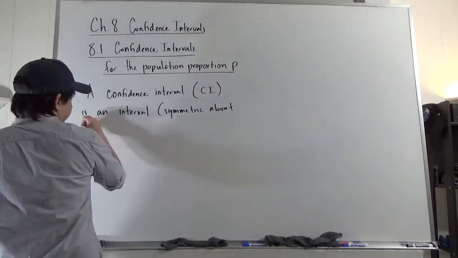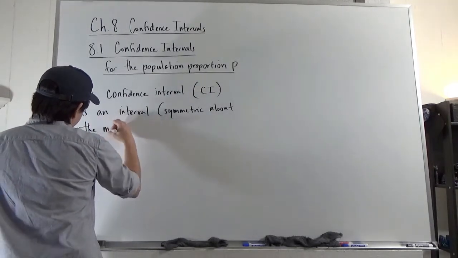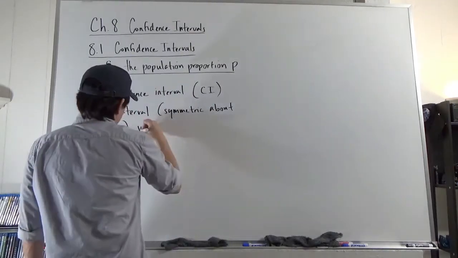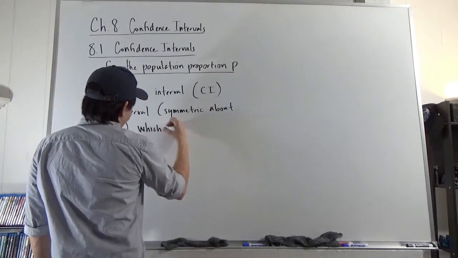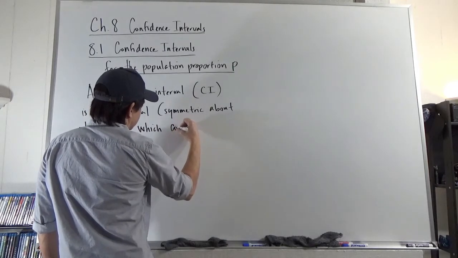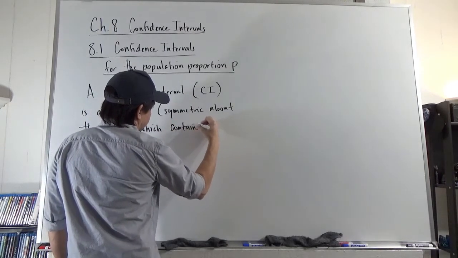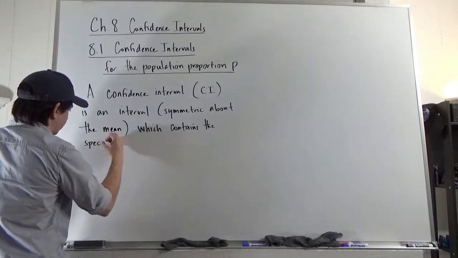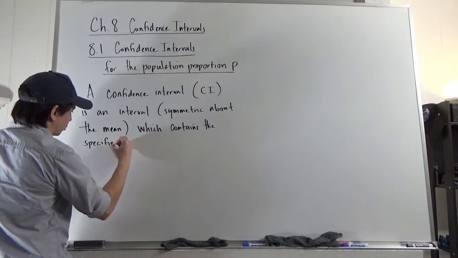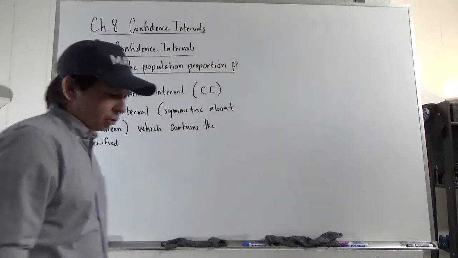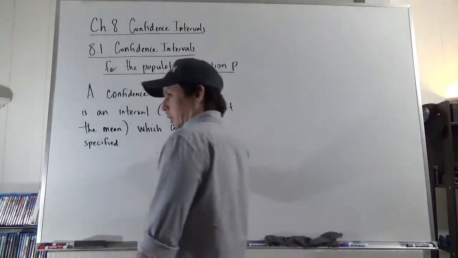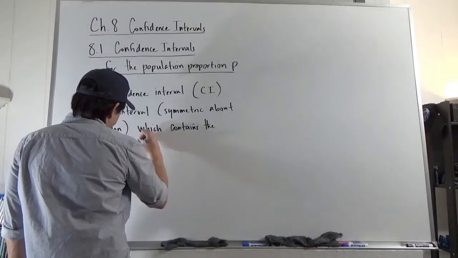It contains the specified probability. So it is related to that problem where you're finding the negative and positive z-score to get that interval. Symmetric about the mean, which contains a certain probability, the specified probability.